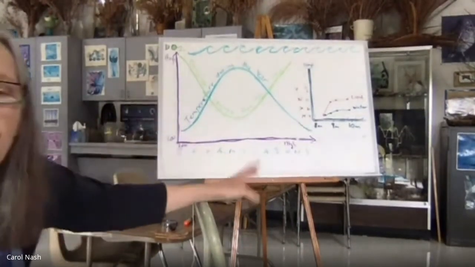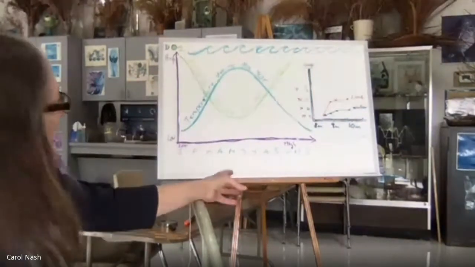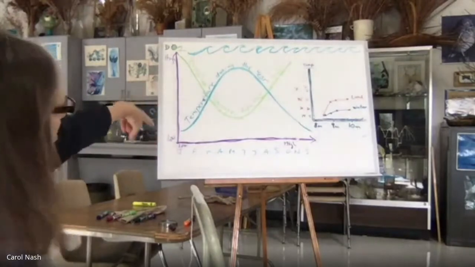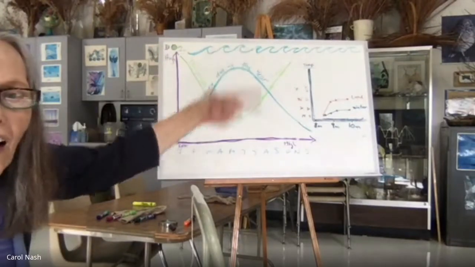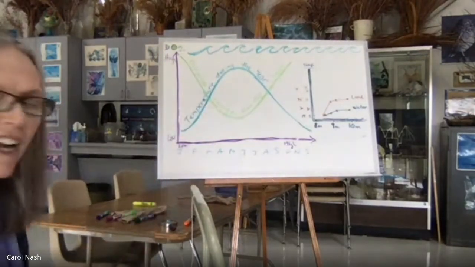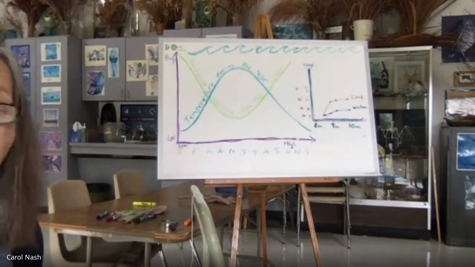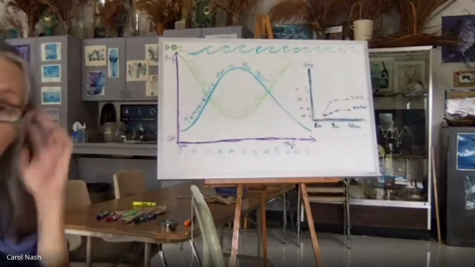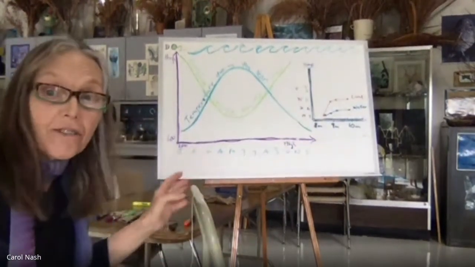An inverse relationship between temperature and dissolved oxygen. So as the temperature goes up, the dissolved oxygen goes down. And also an important thing is that land surface heats up a lot quicker than the water. And this is important for us and everybody who lives around the water.